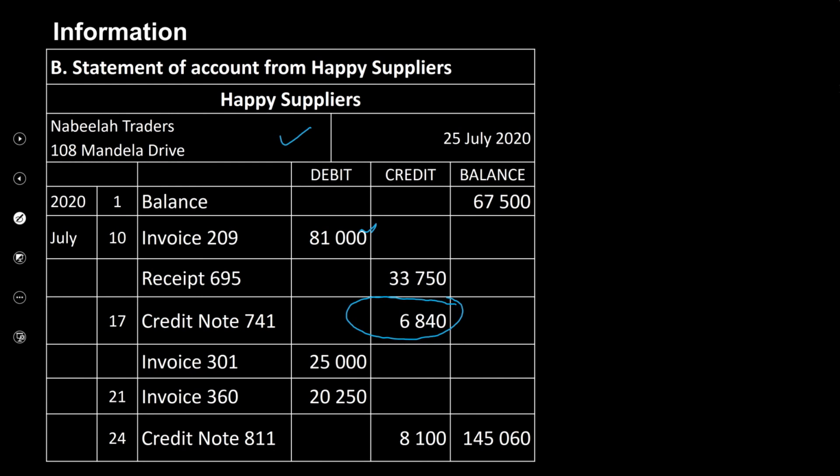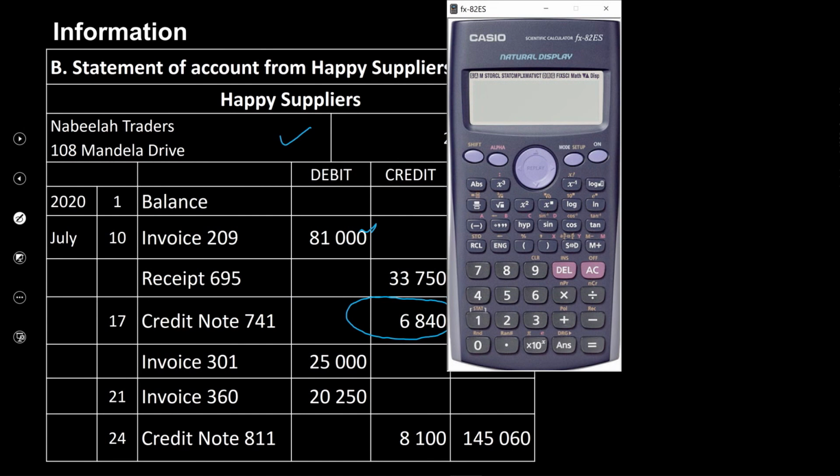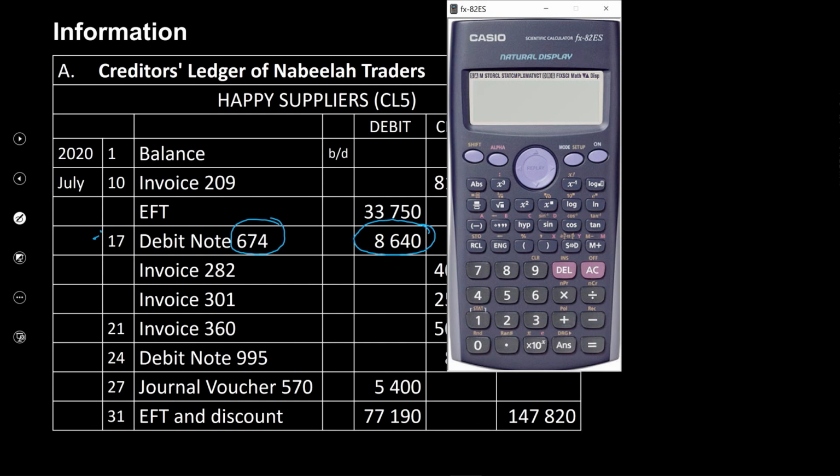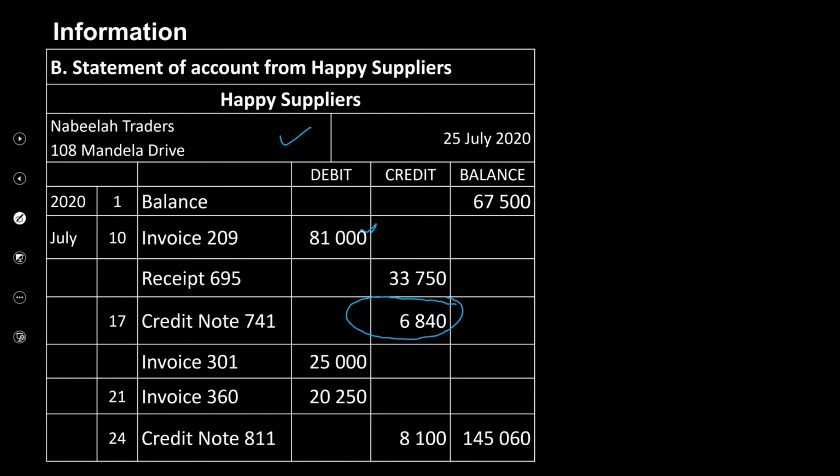The first thing that you're going to do is to find the difference, right? And remember what the amount was. Amount on the previous one was what? Let's get it here. Was 8640. 8640 minus, and the next amount was 6840.